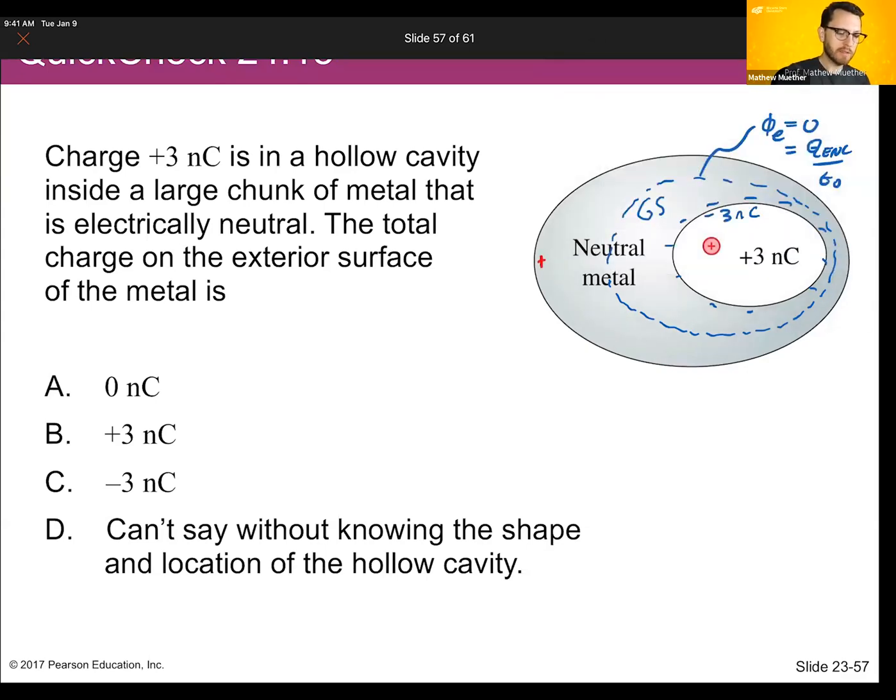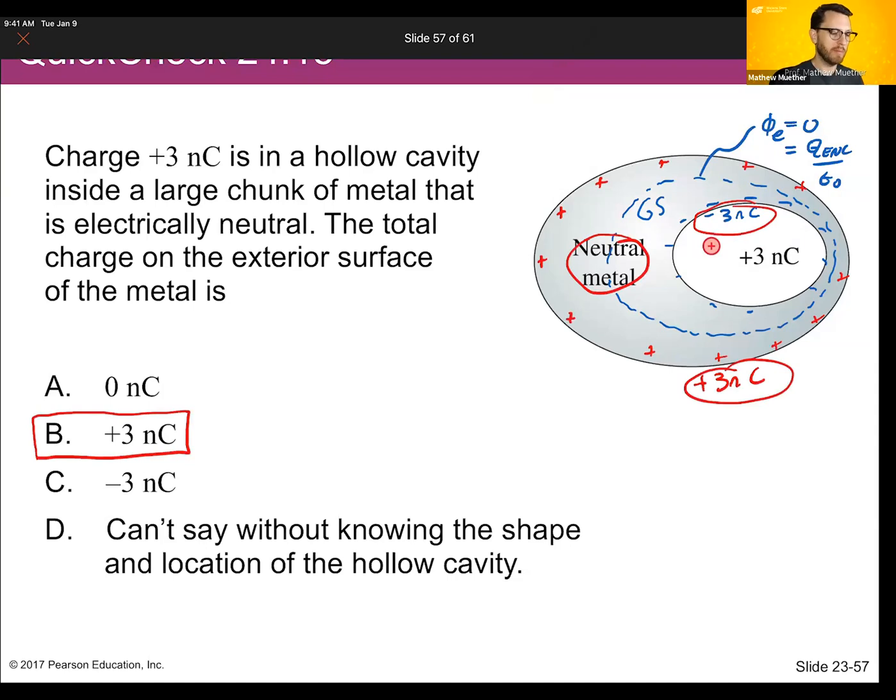That means those positive charges have to end up on the skin of the conductor, because all the excess charge has to be on one of the surfaces of the conductor. That has to be a positive 3 nanocoulombs, because I know the metal started out neutral, so the total charge on that conductor is still equal to 0. So I get a positive 3 nanocoulombs built up on the exterior surface of this piece of metal.